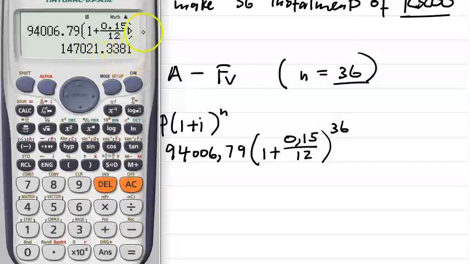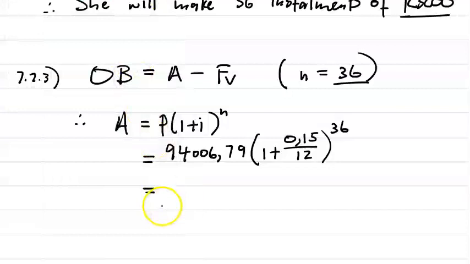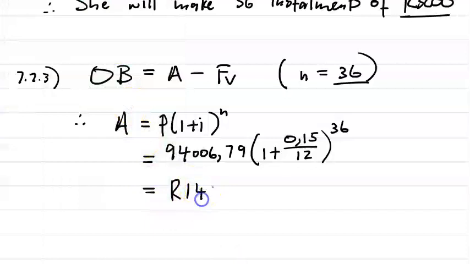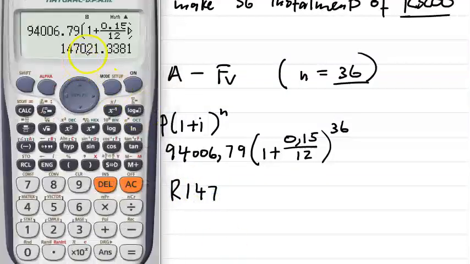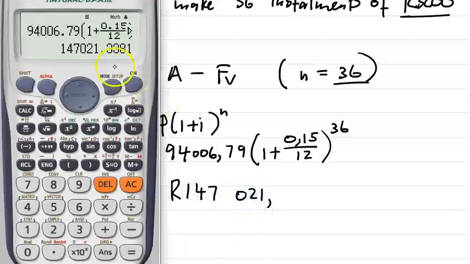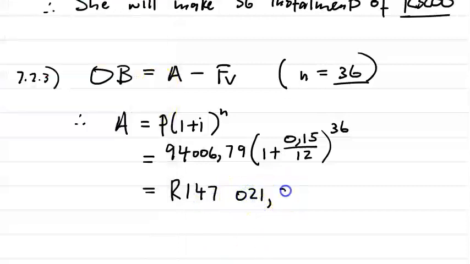So we're going to write .3381 as our decimal. So that's 147,021 rands .3381. So that's our A value.